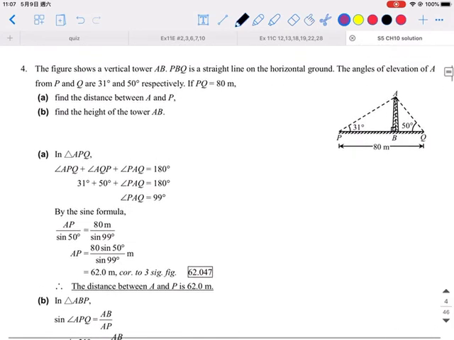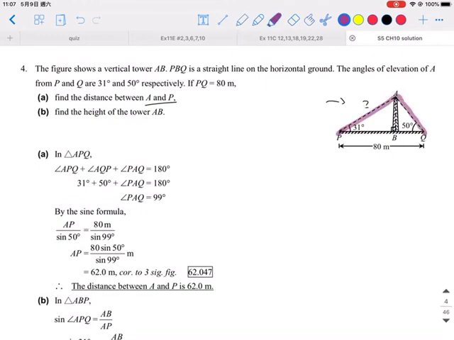And the last example is as the graph shows in the figures. The first part is to find the distance between A and P. A and P is here. So for the triangle APQ, we can get the first part, this angle, angle A, and we have a pair of an angle and a side.